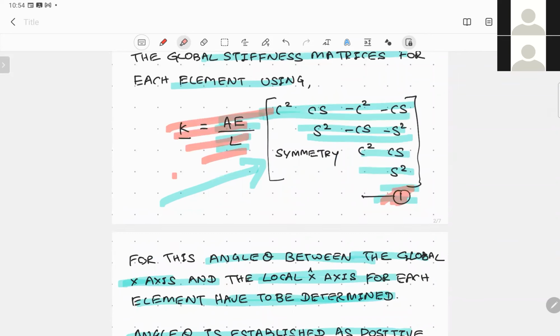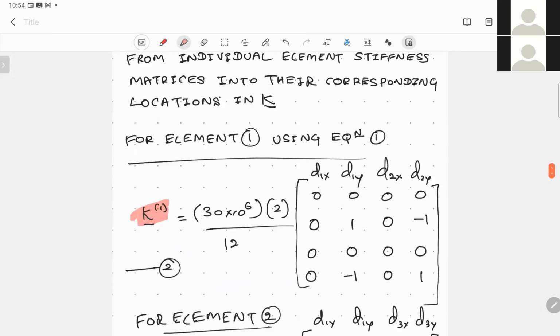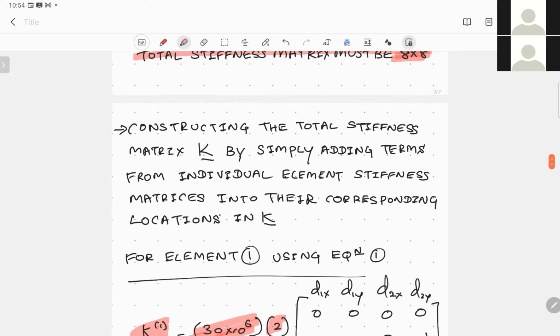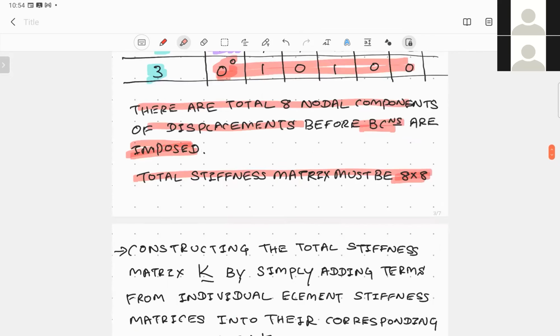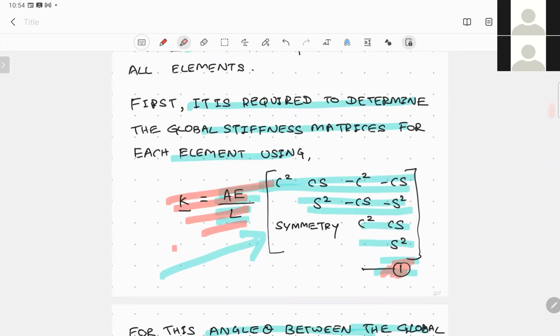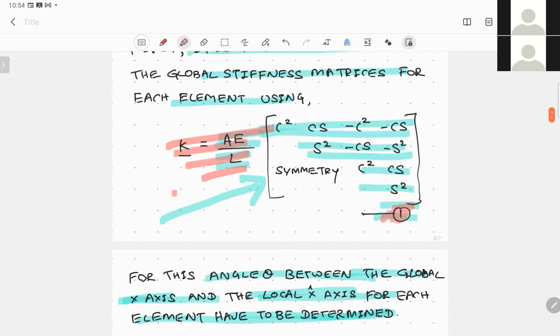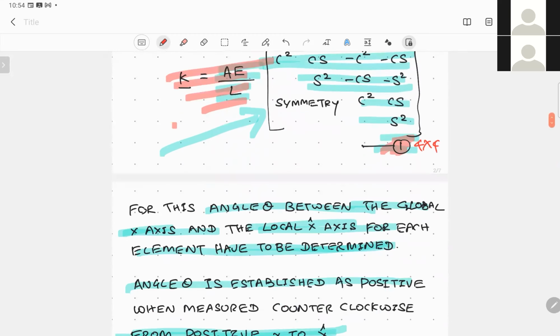For element number 1, it is simply AE divided by L, and you apply the corresponding cosine and sine terms, which gives a 4 by 4 matrix for each element.